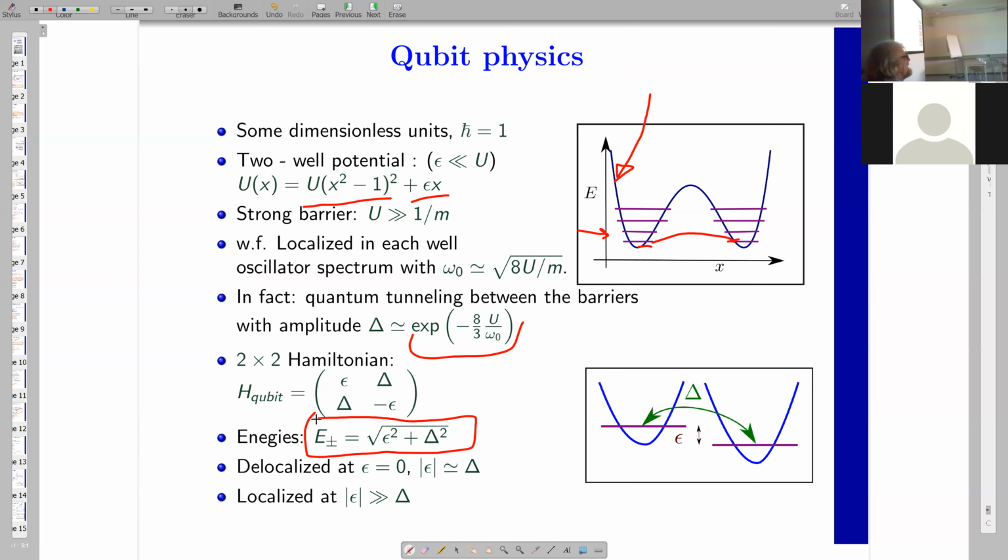And now let me make, guess what? A statistical physics analogy for this ultimately elementary quantum object.